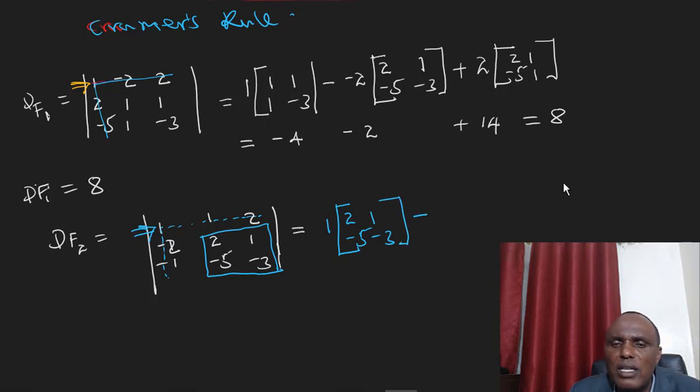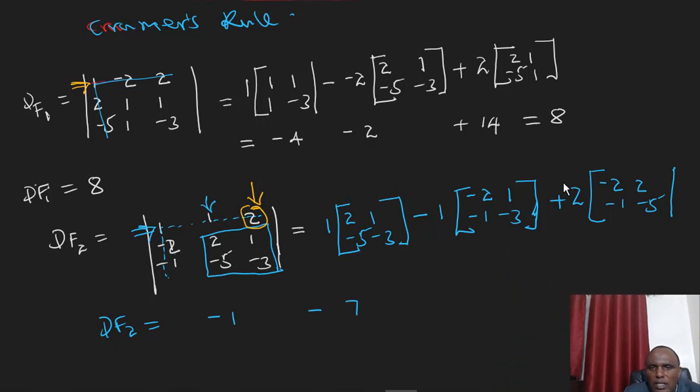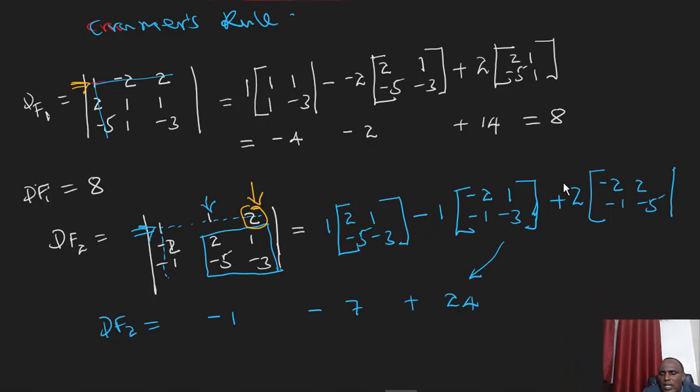The reason why the second one has a minus is because the second sign should be a minus. Then 1 multiplied by, and when we get the determinant here, this one becomes negative 1. This is minus 7, plus the last one here is 24, and the sum becomes 16.